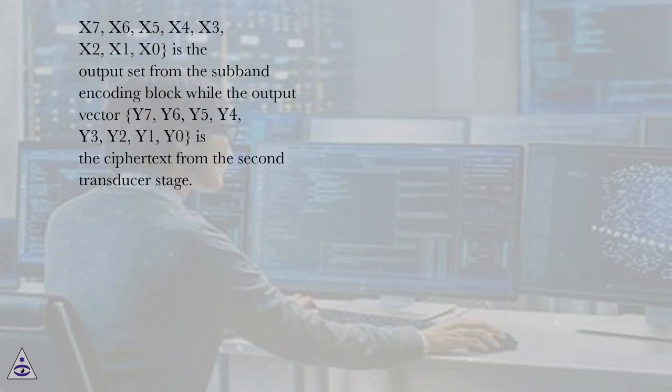X7, X6, X5, X4, X3, X2, X1, X0, is the output set from the subband encoding block while the output vector, Y7, Y6, Y5, Y4, Y3, Y2, Y1, Y0, is the ciphertext from the second transducer stage.